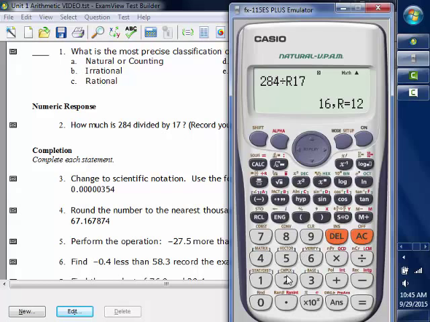Now if you do it the other way, 284 divided by 17, you're going to get a whole number and a fraction. So subtract the whole number part from that answer, which was 16, and then you get a decimal. Then you multiply that by what you divided by, 17, and you get the remainder that you had.